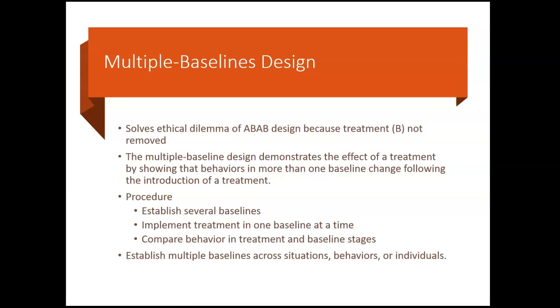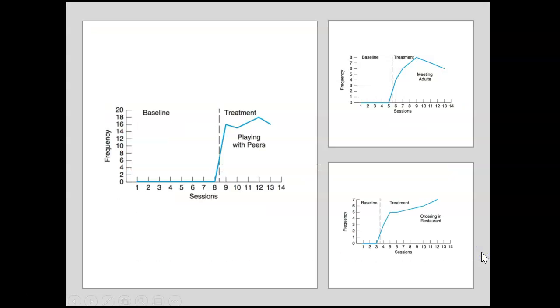But what you're doing methodologically is you're able to take these different baselines, apply treatment, and then see if you see the same kinds of changes across the different kinds of situations, behaviors, or individuals.